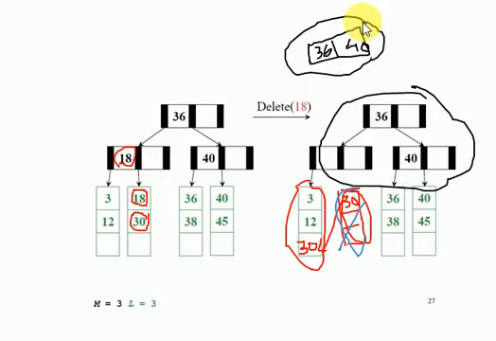That means it is fulfilling the index node definition of a B plus tree of order 3, and it will have 3 links, because the number of keys is 2, so the number of links will be 3, and we have 3 nodes, 1, 2 and 3. So one node will join at the left of 36, this node will join at the right of 36, and another node will join at the right of 40.